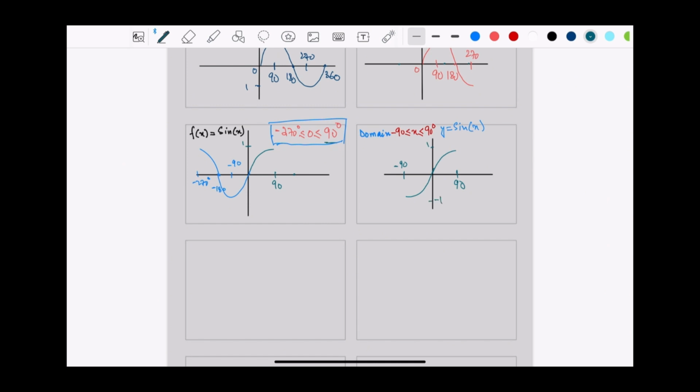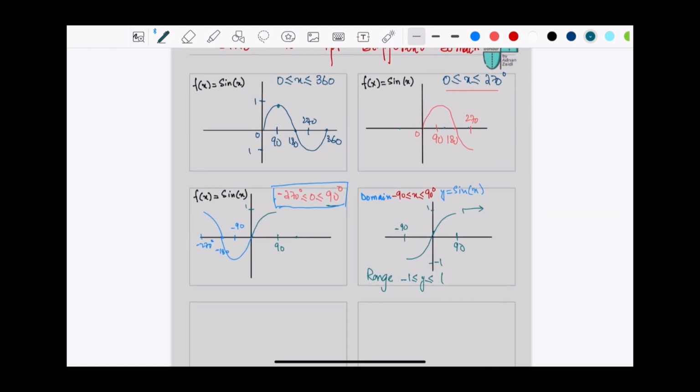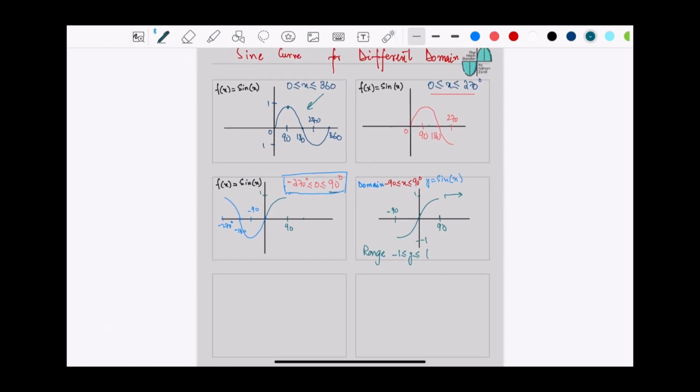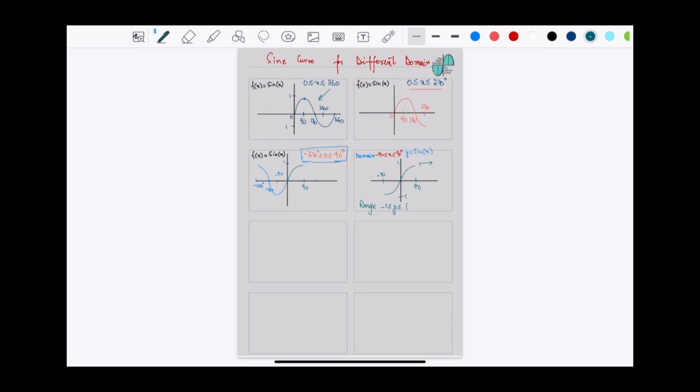The domain is negative 90 to 90, and the range of this function is -1 is less than equals to y is less than equals to 1. Now, if you look at this function, it is a one-to-one function. The previous one, the original one, we talked about was not a one-to-one function. So you may draw multiple other domains for the sine function.